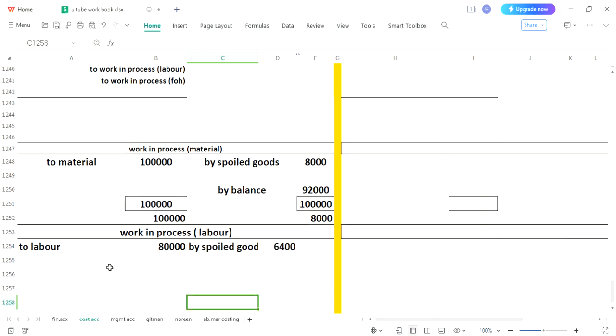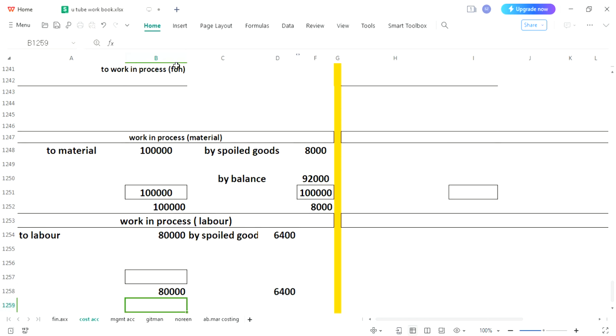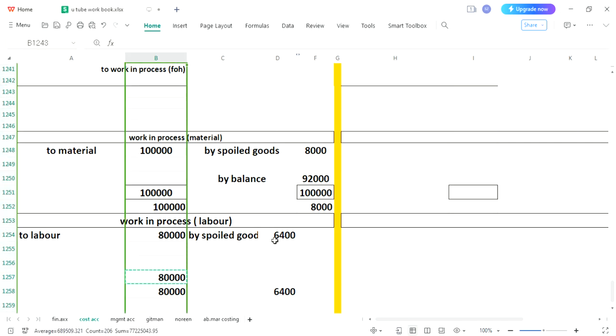It's time to calculate its balance. To calculate your balance, you need to get the sum of both sides. Sum of debit side is 80,000. Sum of credit side is 6,400. Then you will take the larger sum, which is 80,000, and put 80,000 on total of both sides. So 80,000 is put over here, and the same would be written on the credit side as well.